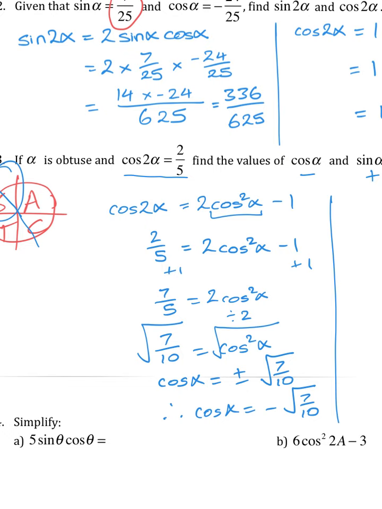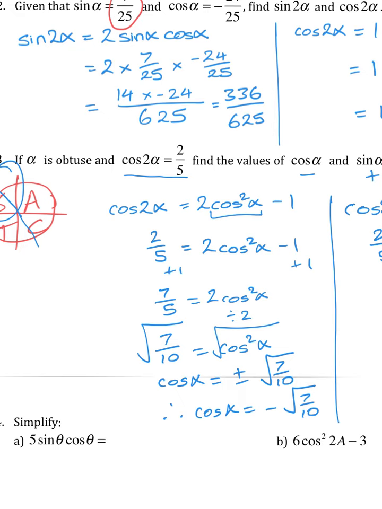So now let's have a think about sine alpha. Cos 2 alpha equals 1 minus 2 sine squared alpha. Okay, now again we replace cos 2 alpha with 2 on 5 equals 1 minus 2 sine squared alpha.